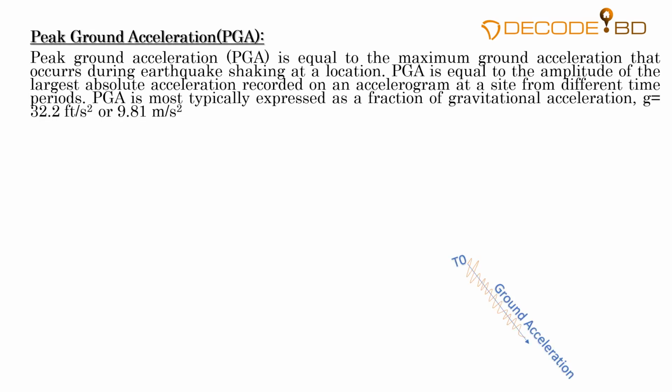Here in the figure we can see, if we plot ground acceleration along the arrow for time period t0, another one for time period t1 and another one for time period t2. Try to find the maximum value of acceleration, and plot those accelerations along the vertical y-axis and time periods along the x-axis.